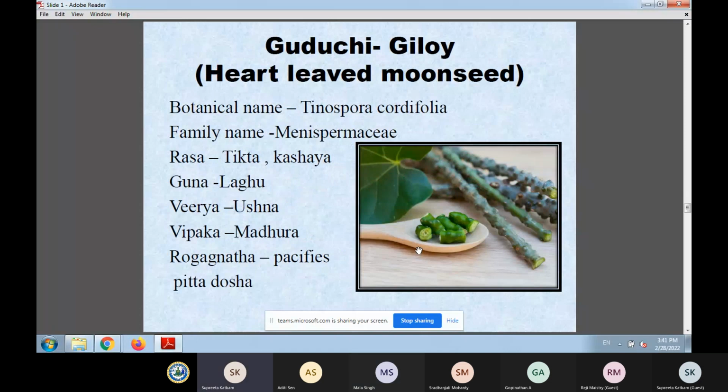I would request all of you to plant this in your house. Any guesses? North Indians should be able to tell me. I have written the North Indian name of it.